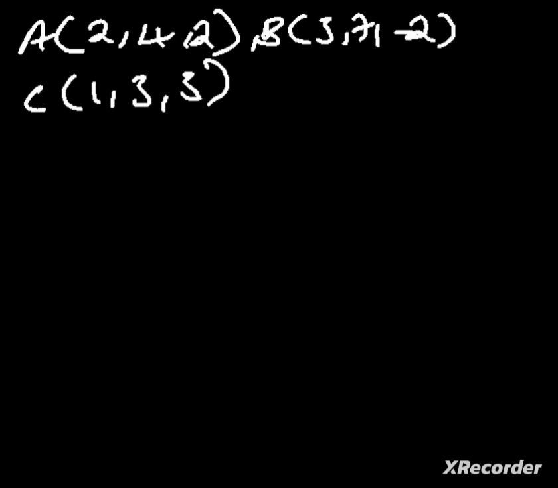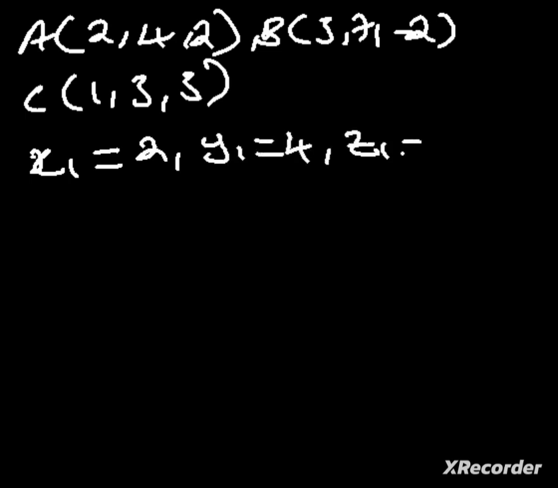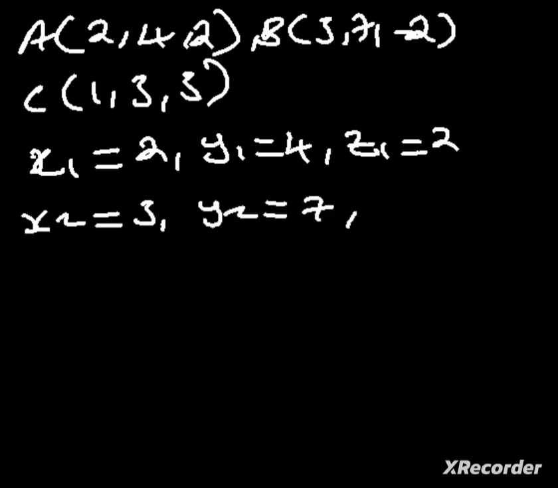In this case, you should understand that we have x1 given as 2, y1 as 4, and z1 as 2, and we have x2 given as 3, y2 as 7, and z2 given as -2.